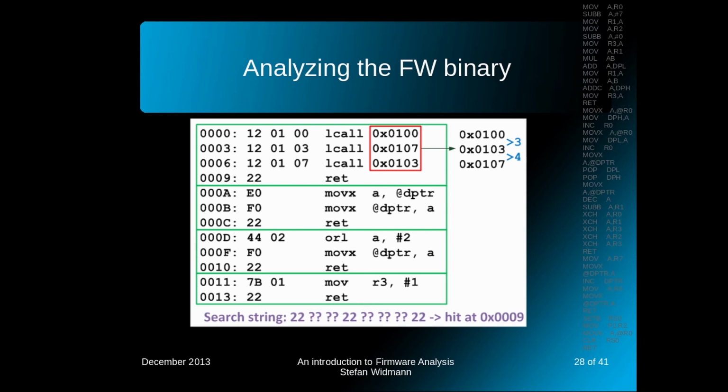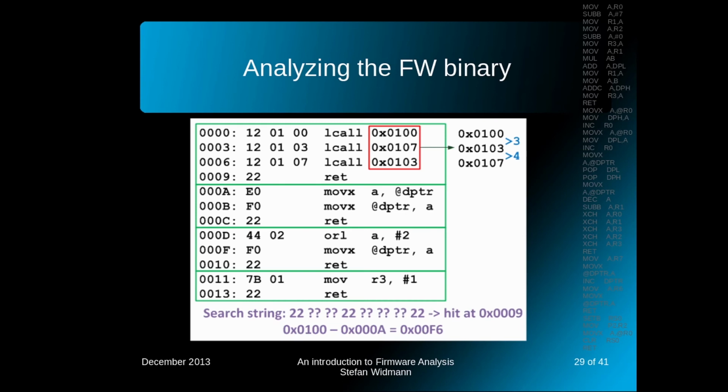But we do not want the address of the return. We want the address of the subroutine. So we are not using the 9, we are using the A. What we do is we take the original destination address 100, we subtract A, and we get the base address of our code example, which is F6.